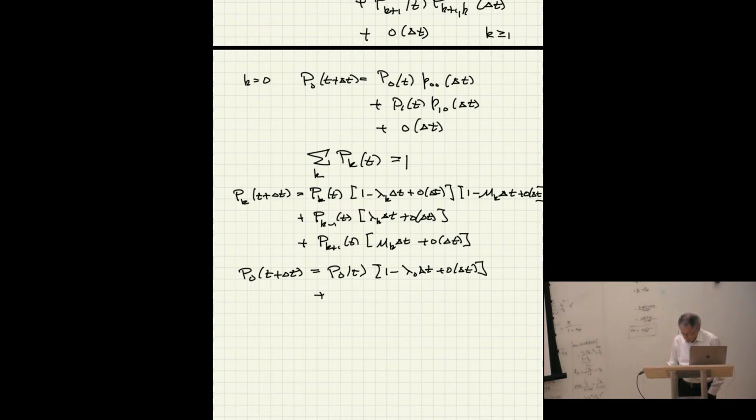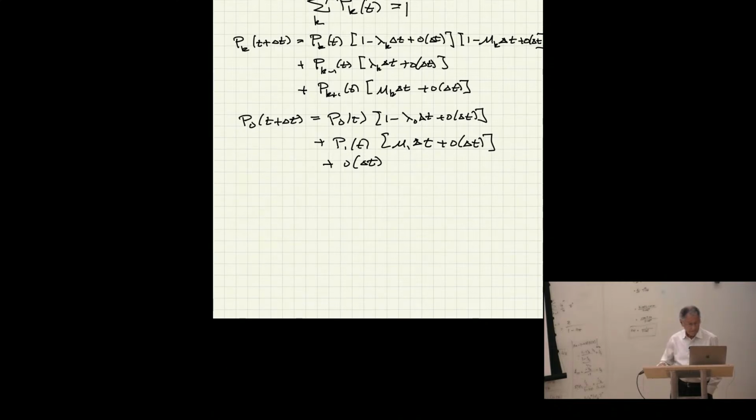Or I could have had one too many, and I get a death. And that's going to be simply mu1 delta t plus little o of delta t. Plus, as always, little o of delta t. Something else could have happened with infinitesimal probability.